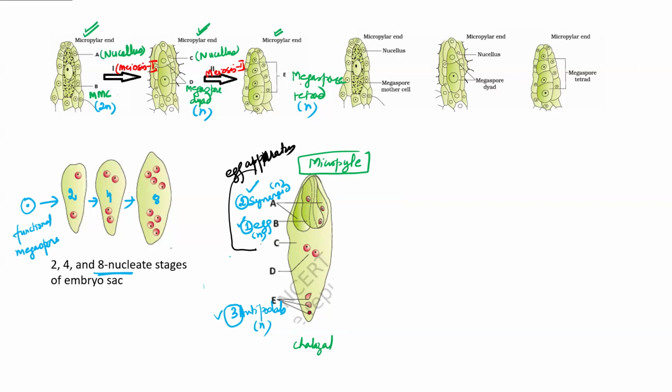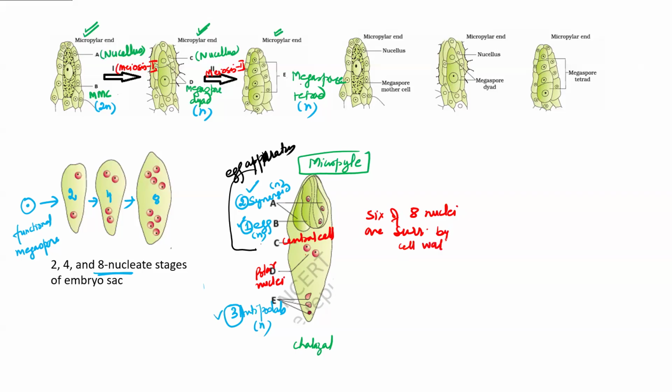But the one cell present in the center is known as the central cell, and the central cell has 2 polar nuclei. If you see the diagram carefully, 6 of 8 nuclei are surrounded by a cell wall. Is it clear? Please read the line carefully, it is a very important line.